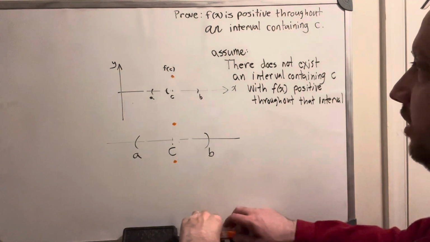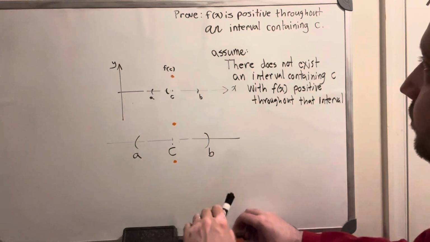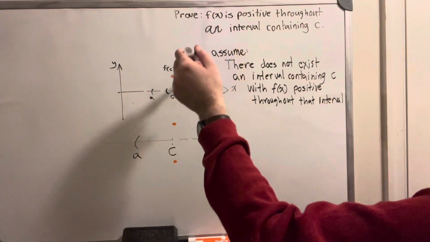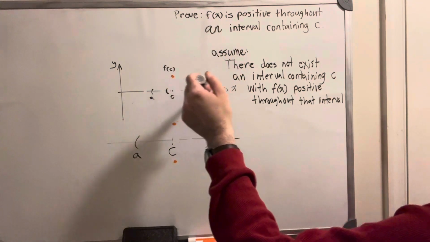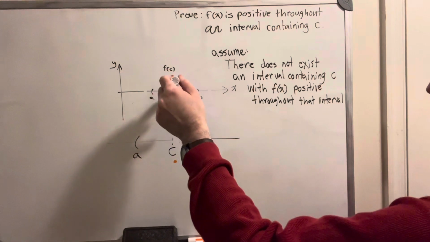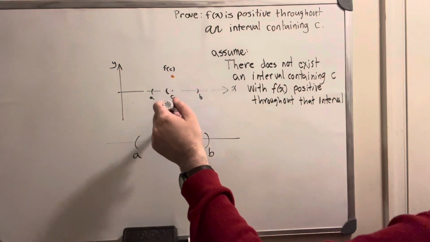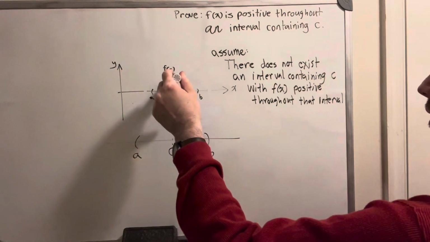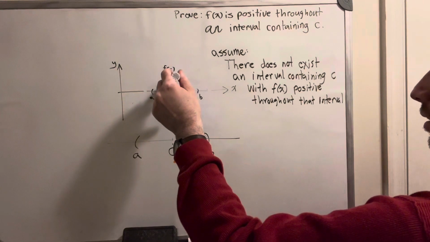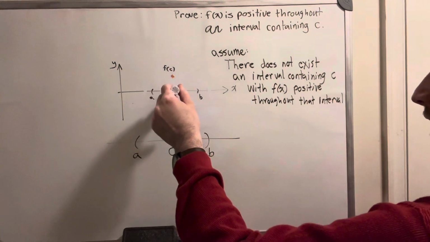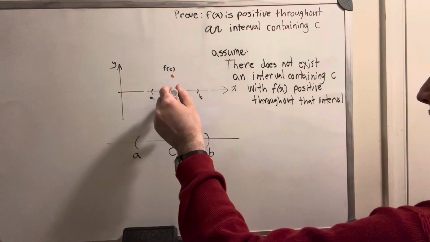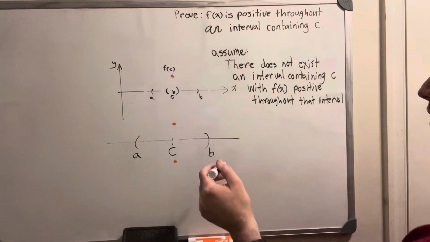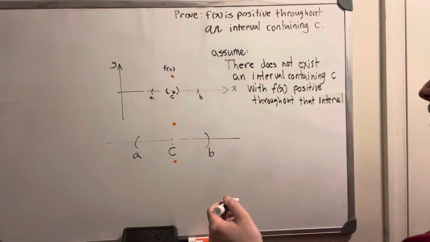Is there any way to say that there's no interval containing c with all positive values in that interval? Can you get from here and have a negative value while still maintaining that the whole function is continuous on this interval? That's the contradiction.